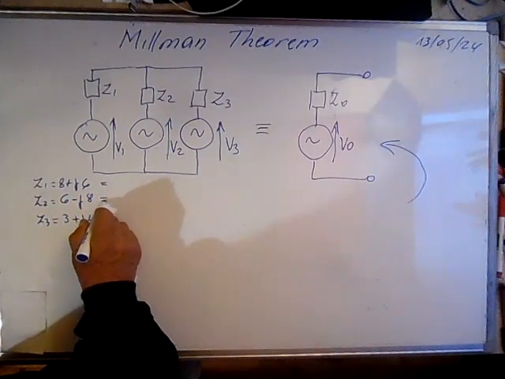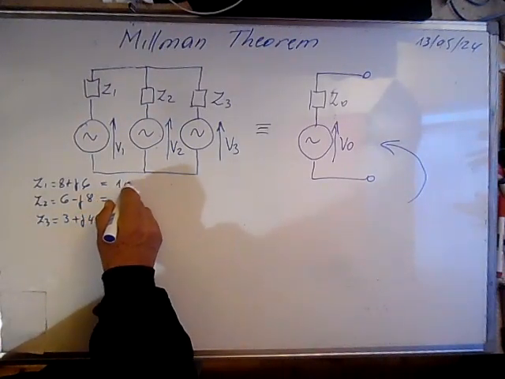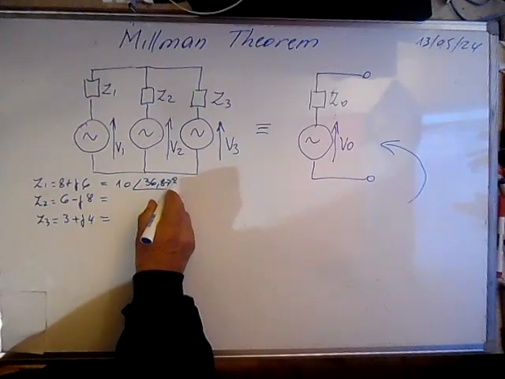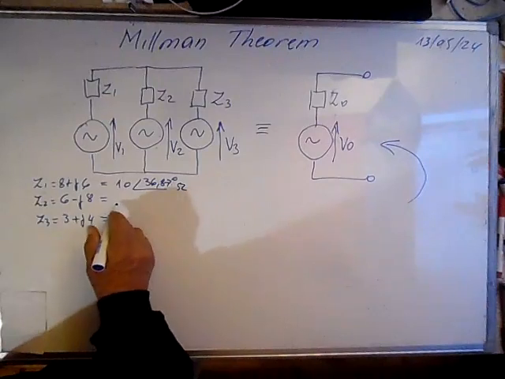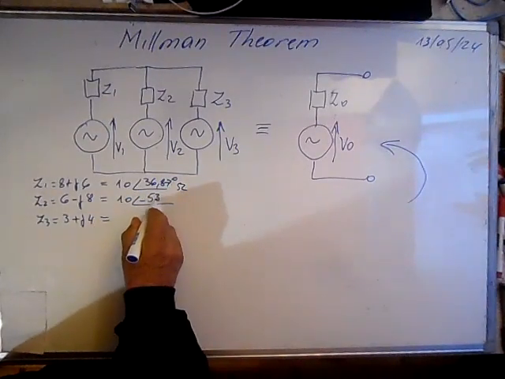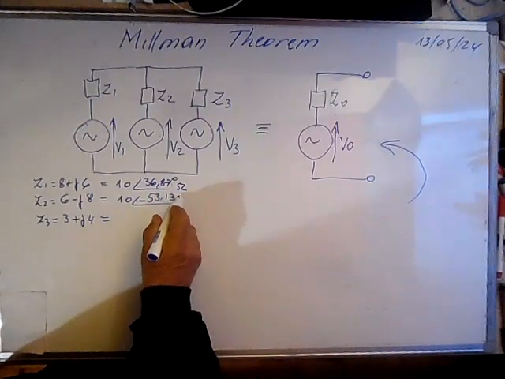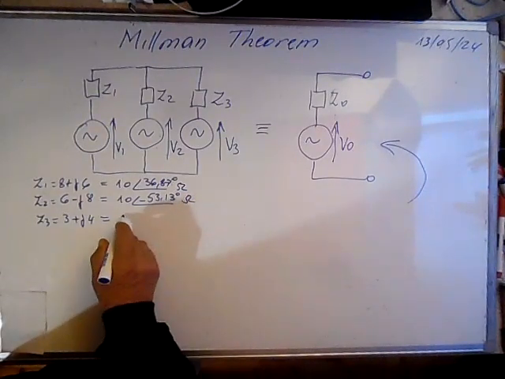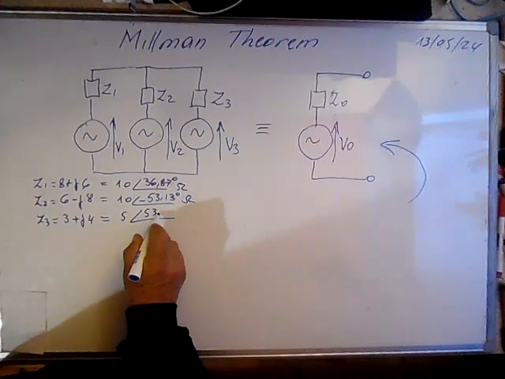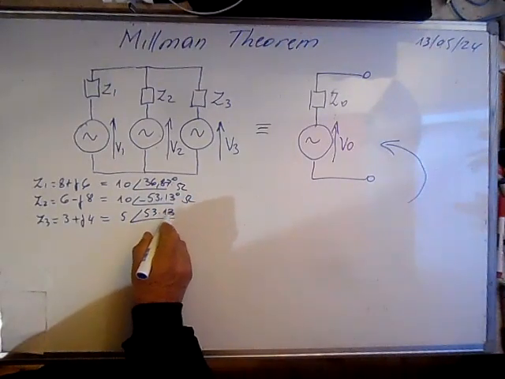So it means in polar form we have 10 at 36.87 degrees in ohms. Here we have 10 at minus 53.13 degrees, and here we have 5 at 53.13 degrees.